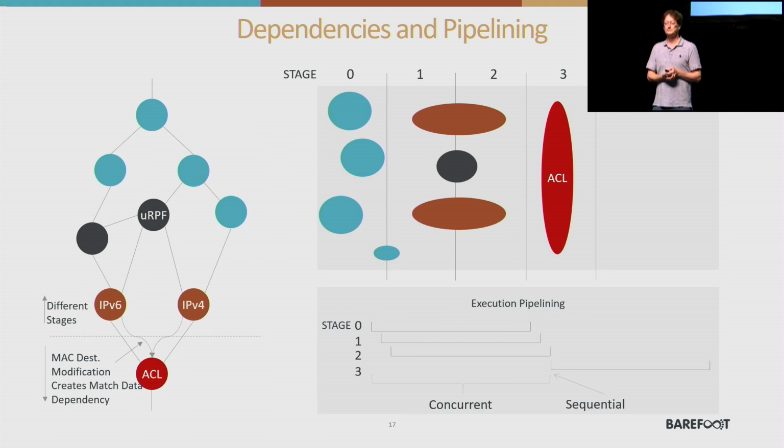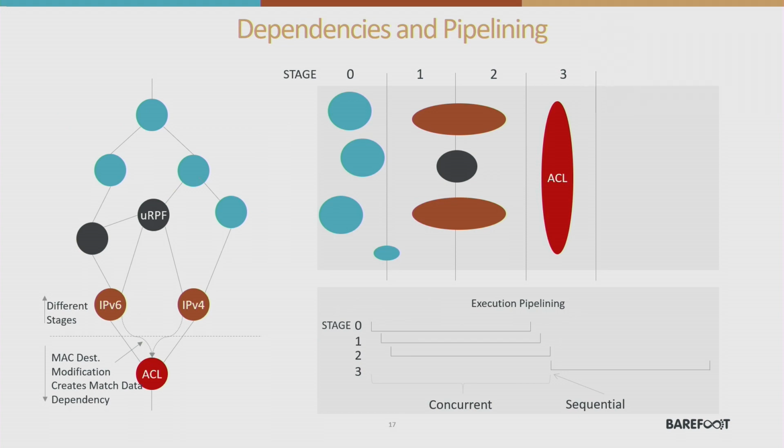Now, as we've seen on the last slide, multiple tables can fit in a single stage. Those control dependencies, next table dependencies, don't force tables to be put into separate stages. But data dependencies do.